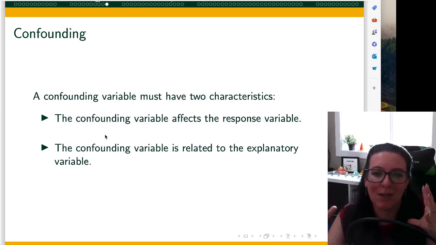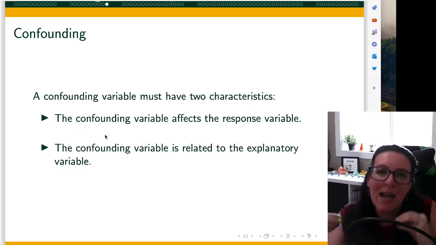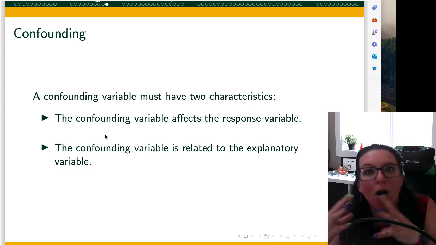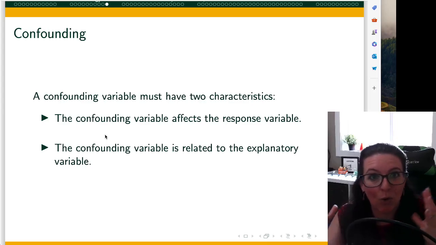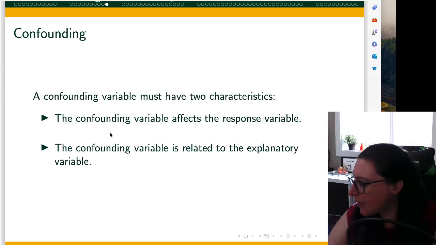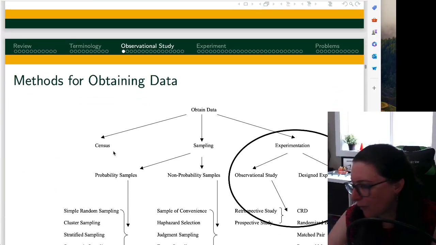So we want to control everything else, and we want to make sure that all the other relevant variables are modeled or considered or controlled so that we don't have this confounding effect. So to be a confounding variable, they have to affect the response variable, and they have to be related to the explanatory variable. So you got to be careful about confounding.